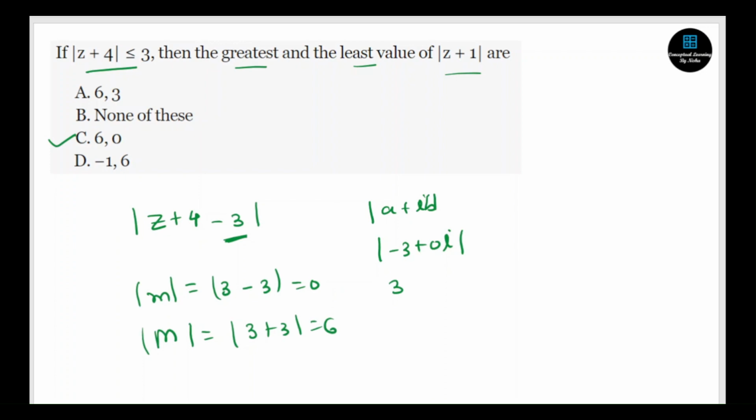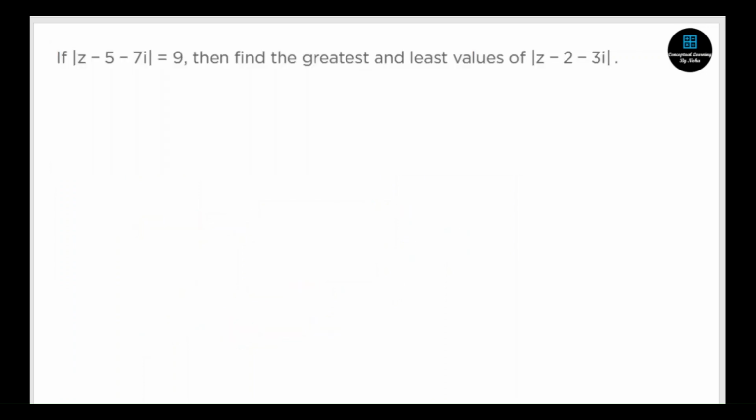Now we have to find the greatest and least value of this, and this is given to us. So my greatest value and the least value is 9 plus something, and 9 minus something. Again remember, we are talking about the modulus of each of them.